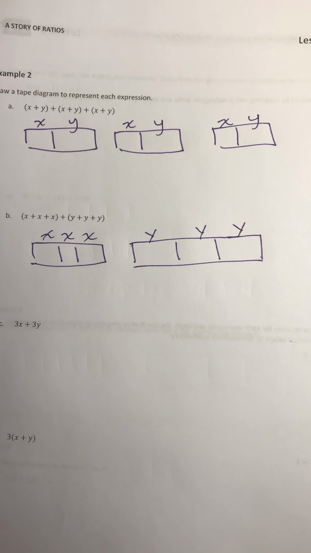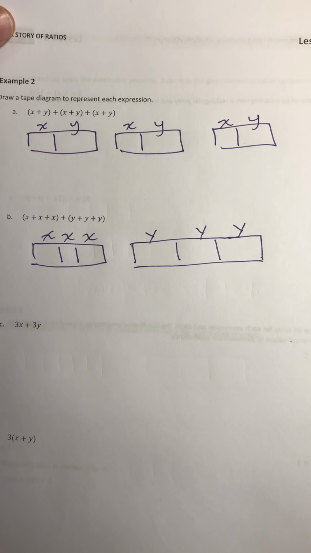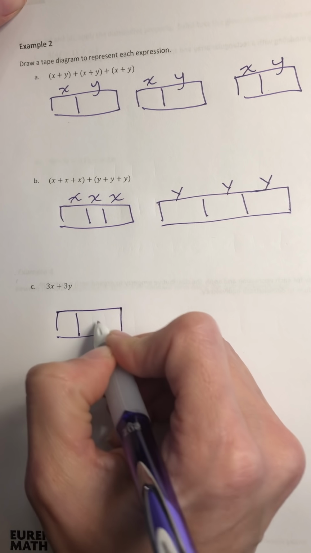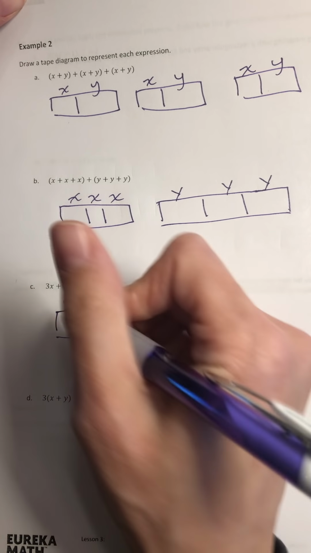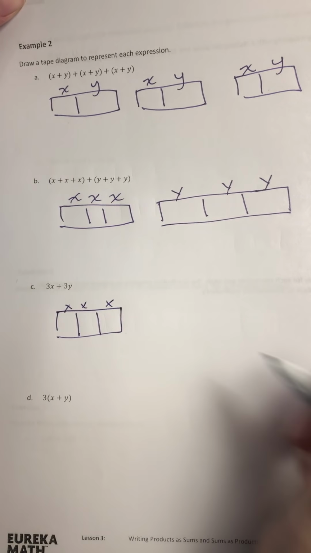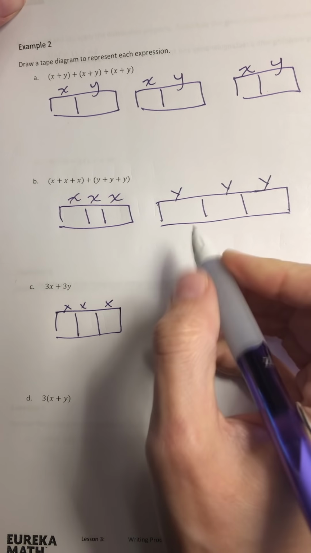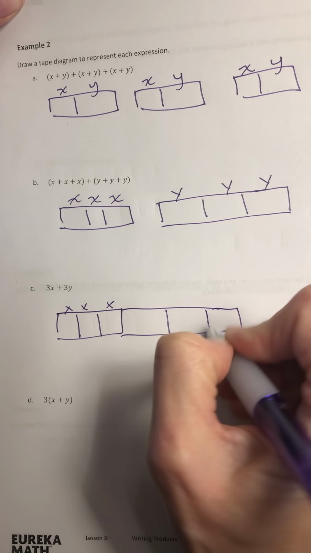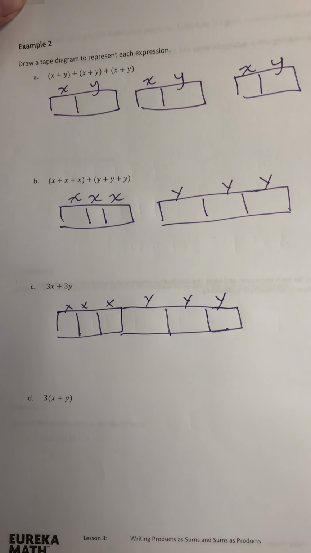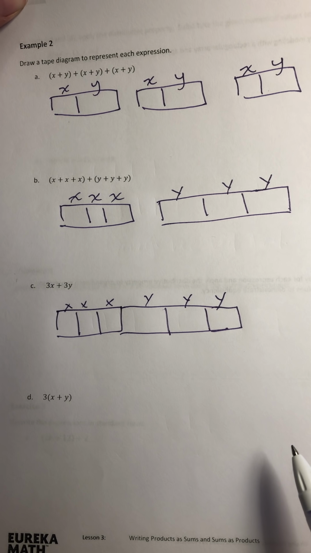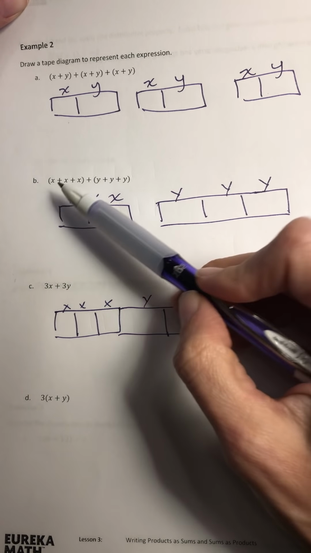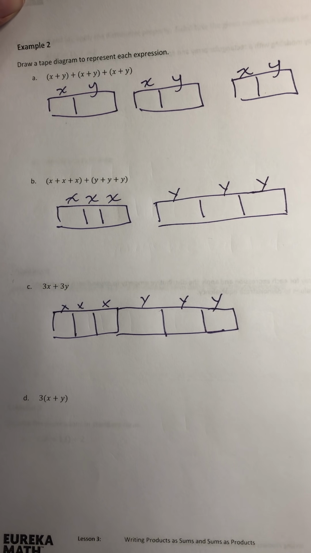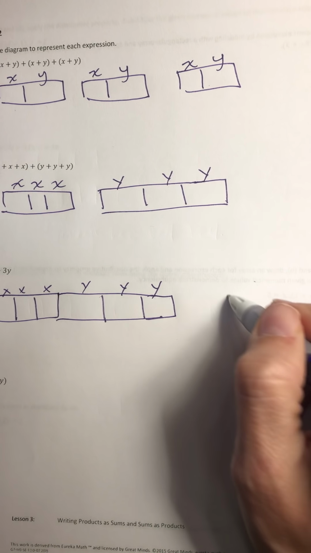Now let's take C, 3x plus 3y. So if I have 3x, there's my x's, plus 3y. These are a little bigger because they're the different variable. It's the same thing, right? 3 x's plus 3 y's. We could have made it look like this too.